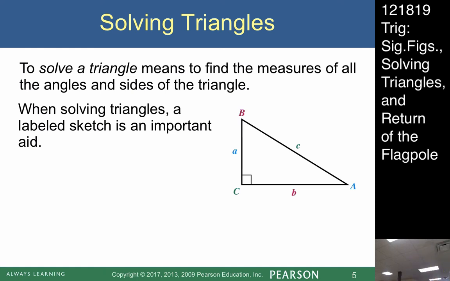So the right triangle, we've talked about the unit circle. The reason the right triangle is so important is that things at a 90-degree angle with one another are called orthogonal to one another. That angle has a special name.